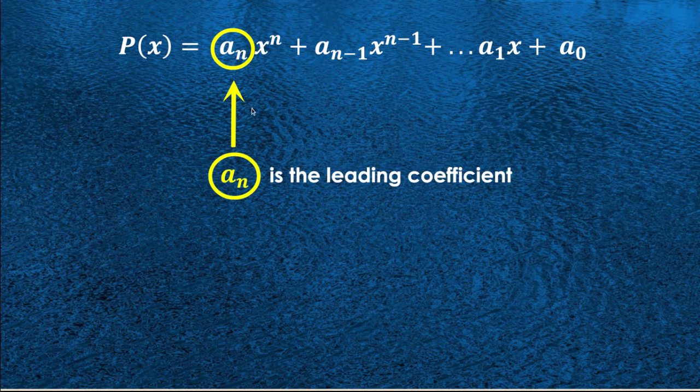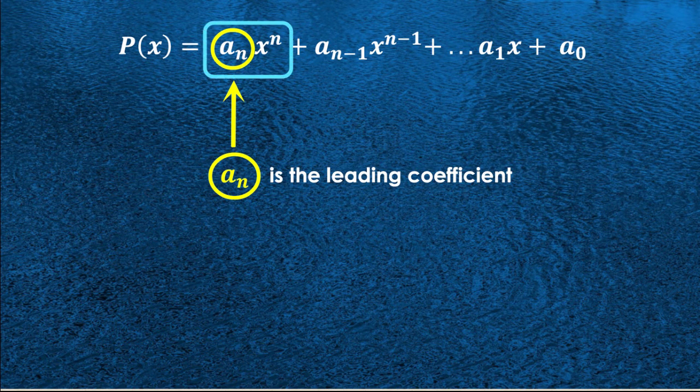Now, this a sub n is our leading coefficient. Take note that you have to arrange the polynomial function first in standard form or in descending powers of the variable. So from the highest power down to the lowest power of the variable and down to the constant, if there's a constant that exists. So in this polynomial function, this a sub n is our leading coefficient.